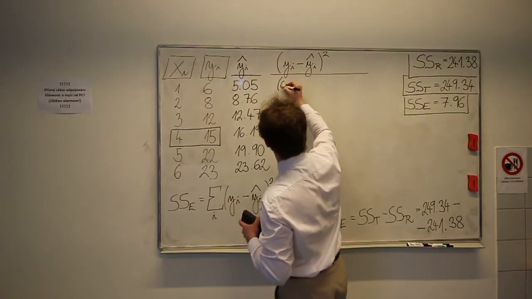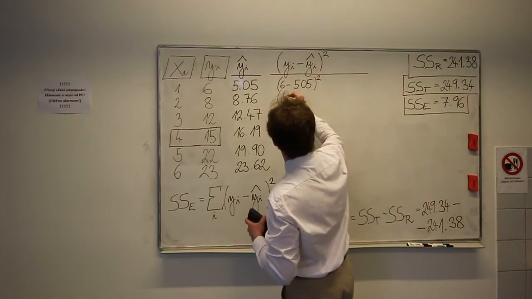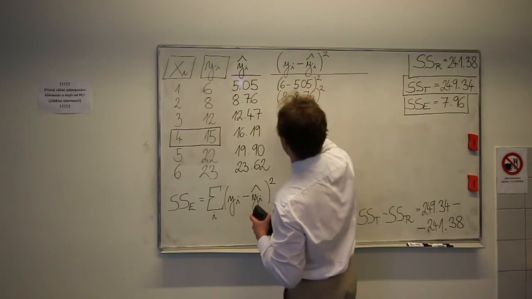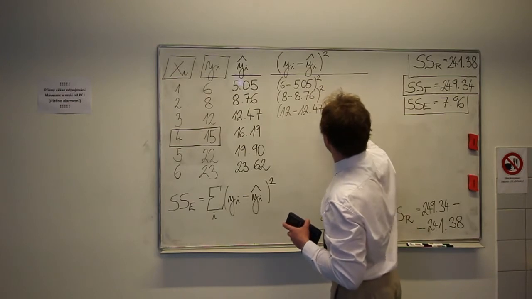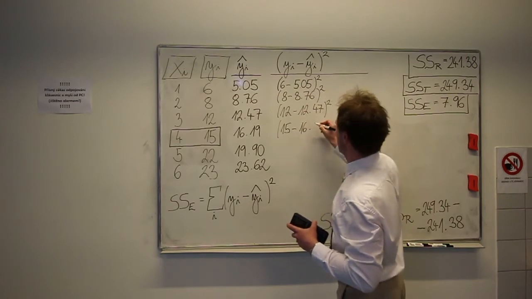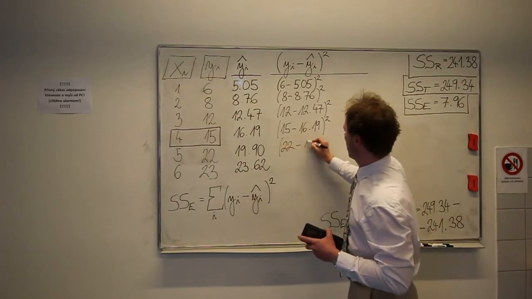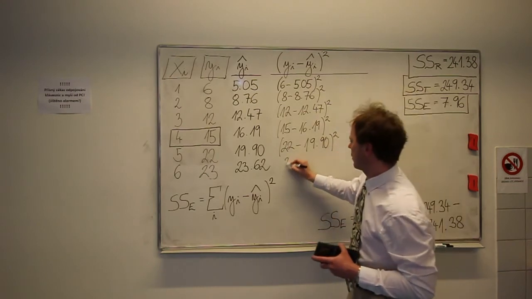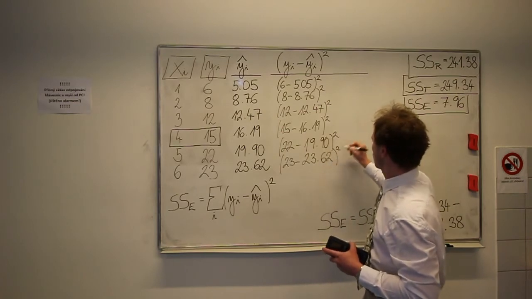So 6 minus 5.05 squared, 8 minus 8.76 squared, 12 minus 12.47 squared, 15 minus 16.19 squared, 22 minus 19.90 squared, 23 minus 23.62 squared.